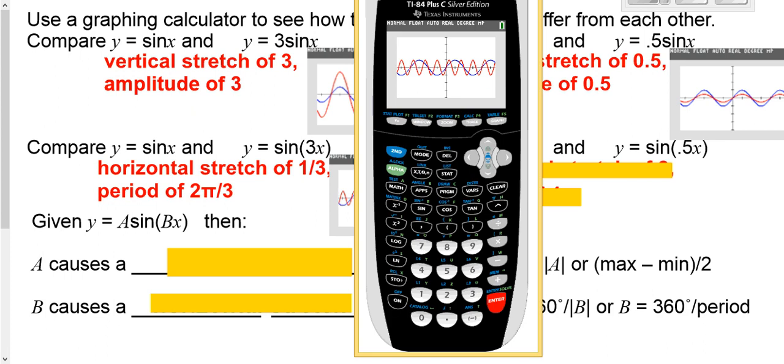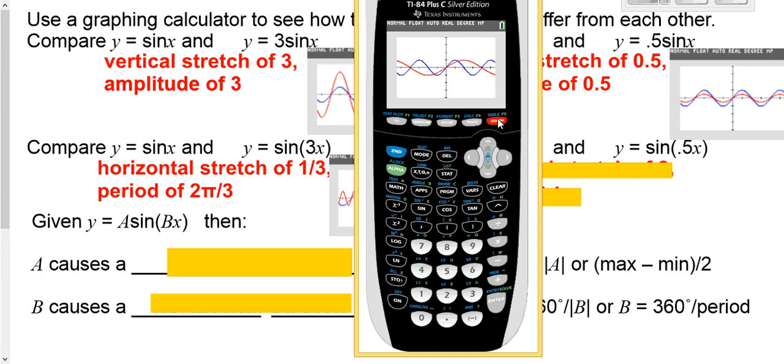Now, let's see what happens when we try this one over here and put a 1/2 in front instead of the 3, putting it in front of our angle, not in front of our trig function. Wow, look at that.